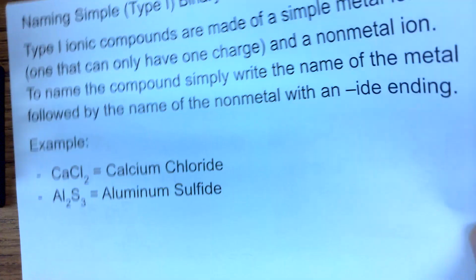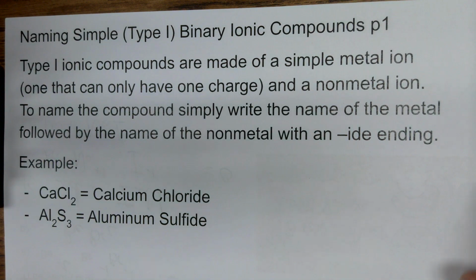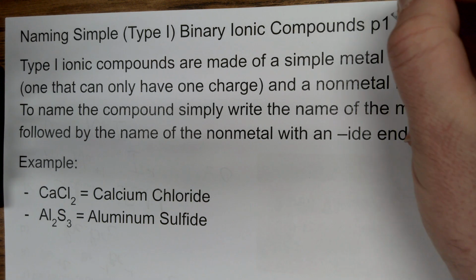We've had some practice now with writing the formula. And I feel that writing the formula was easier for us than going straight into naming them. That's why now we're jumping back to page 1.